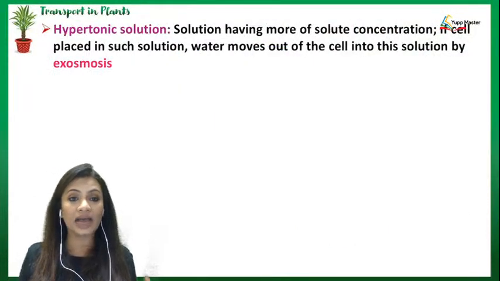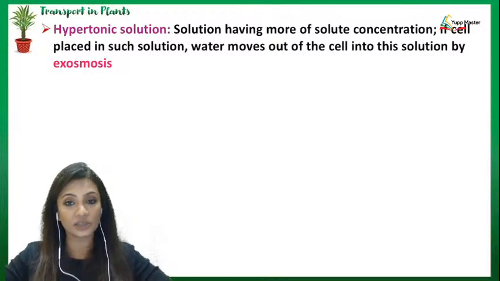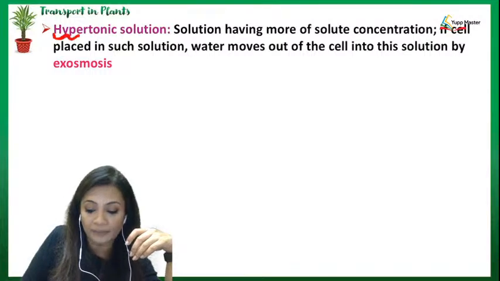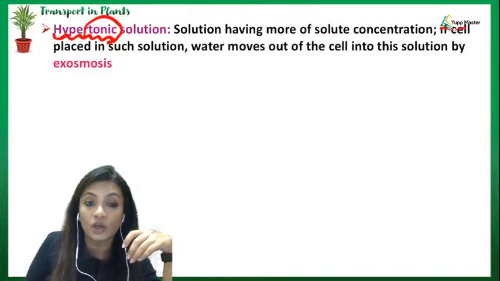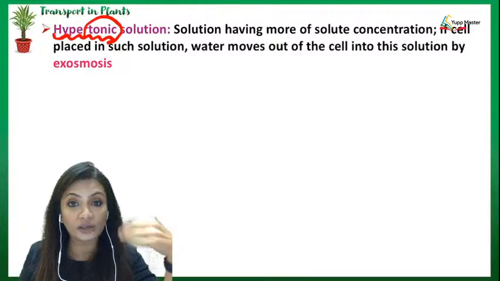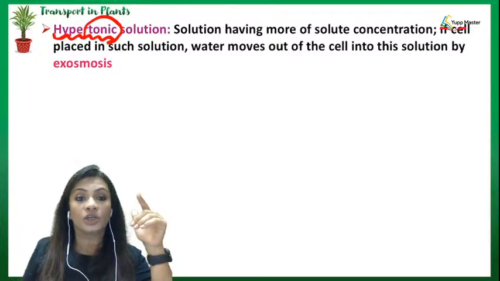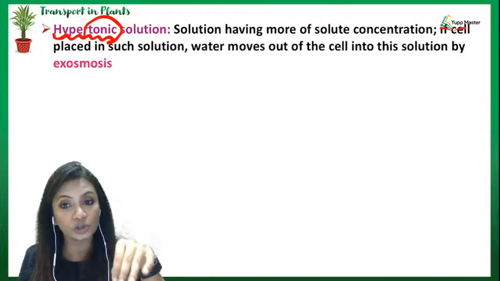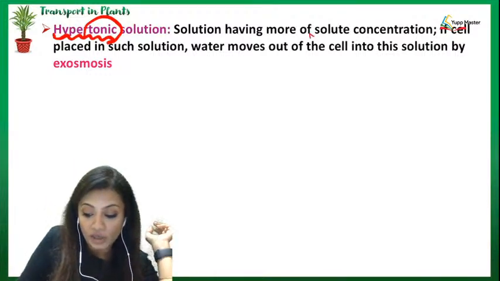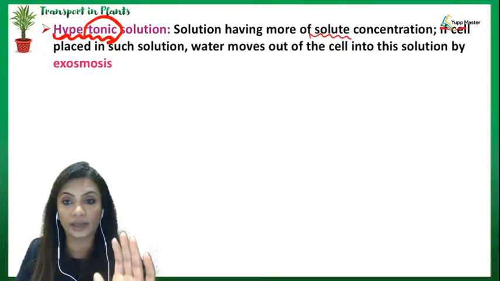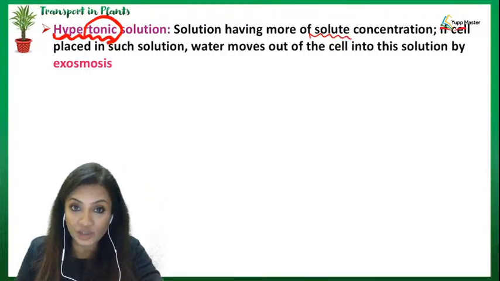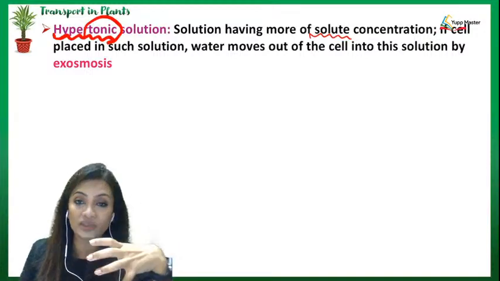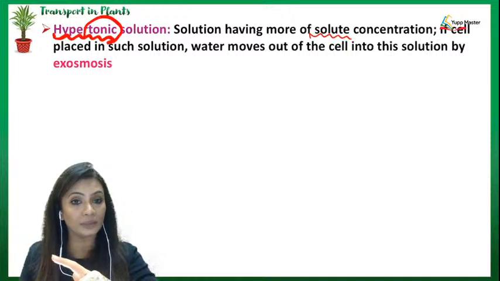What exactly is a hypertonic solution? Remember what tonicity was. Tonicity meant the concentration of solutes. So a hypertonic solution is a solution having more solute concentration. If the cell is placed in such a solution, then water is going to move out of the cell and into the solution, like we spoke about the RBC.